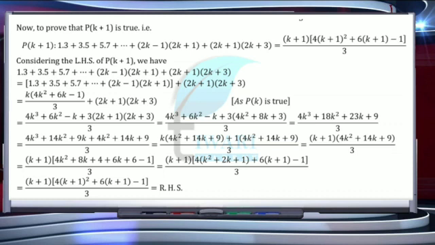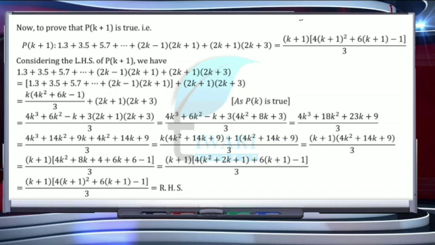Students, sometimes it becomes difficult to find its factors after this. So you can solve your RHS till this part and then show that LHS is equal to RHS. And if you are able to find the factors easily, then it's good enough. You just find one of the factors as k + 1, then the rest by long division. This you already know, we have been doing such questions since class 9th.